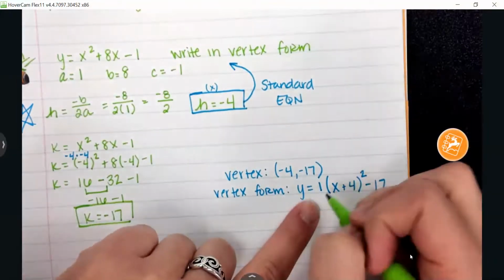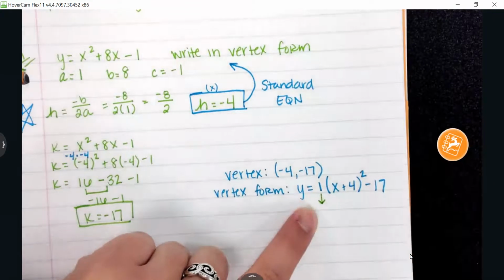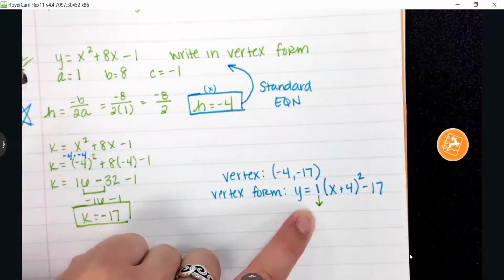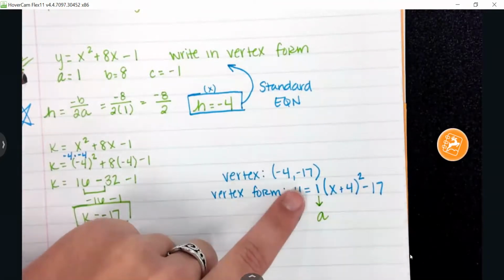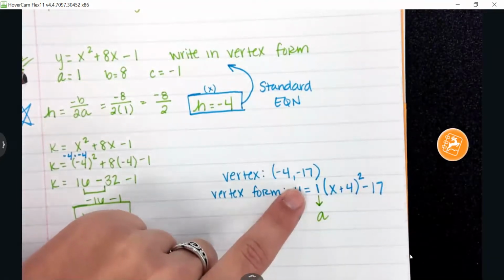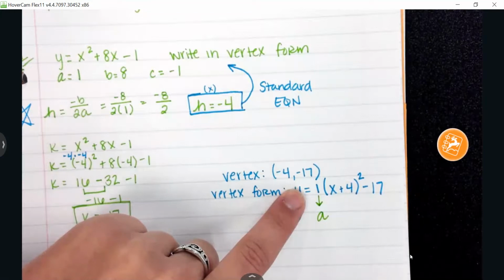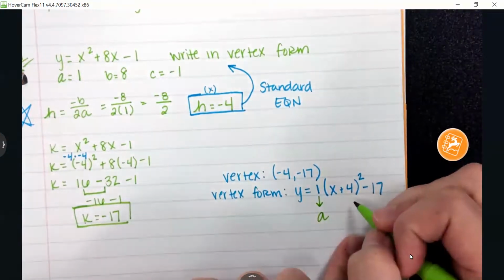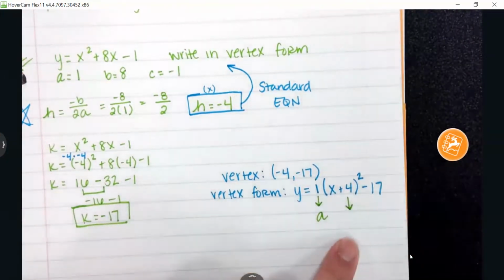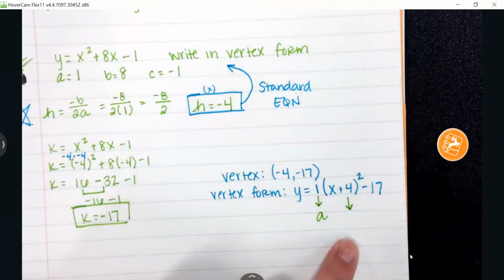Carmen, where did this number 1 come from right here? The A. That's my A value. Now, if it is a number 1, do I really need to put it? No. If it is a negative 1, do I need to put it? Yes. Okay. Ali, where did this positive 4 come from? Moses, where did this 4 come from?